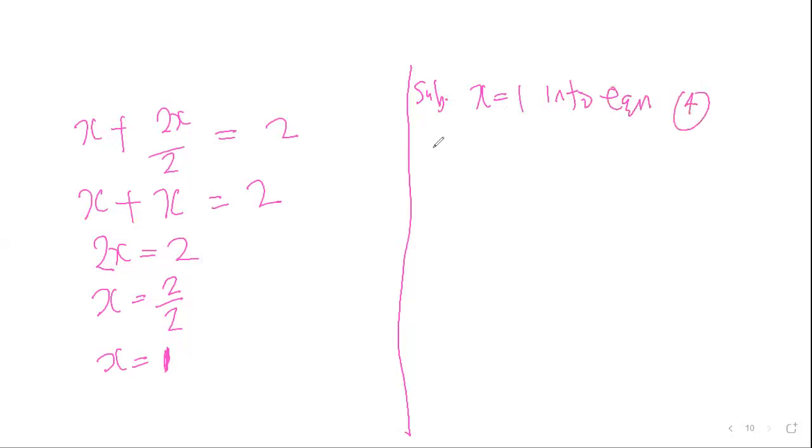Remember, our equation 4 was y equal to x all over 2. So our y is equal to 1 over 2. We can confidently say, therefore, our x is equal to 1 and our y is equal to 1 over 2. So these are the methods of Lagrange multiplier.